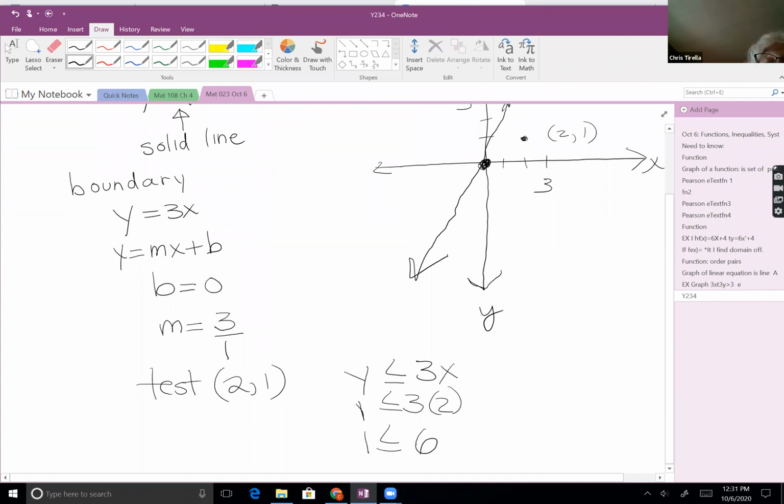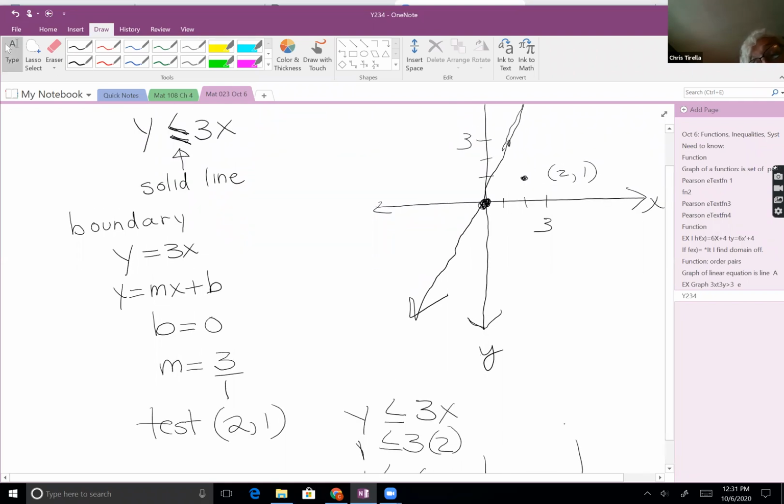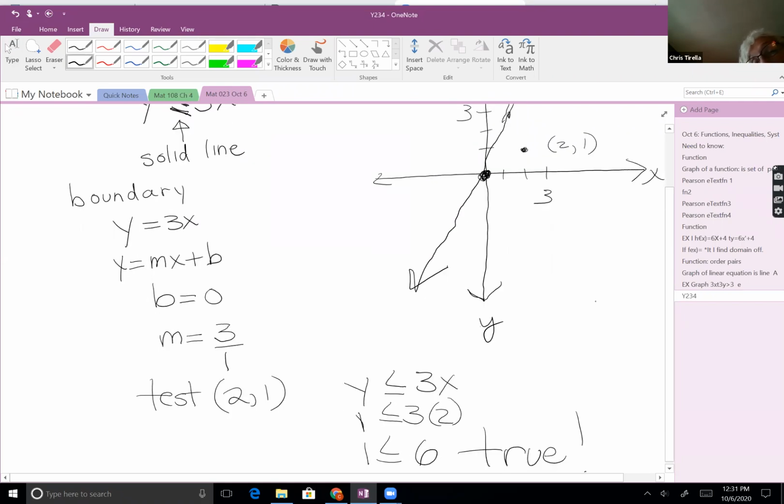Is that true or false? Is 1 less than or equal to 6? True. And since it's true, we like that point. We like the side of the line that point is on, and so we're going to shade towards the point.